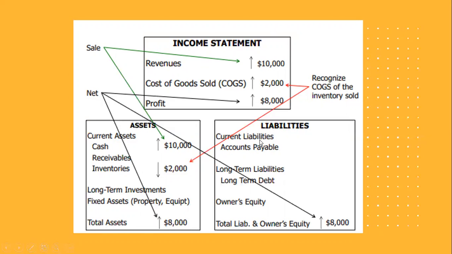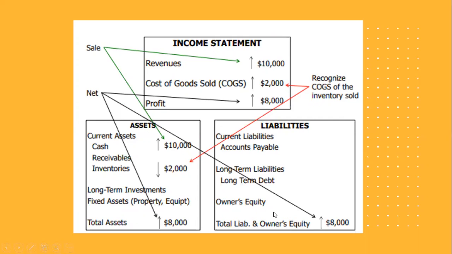On the other side, on the income statement, the profit over here impacts the total liabilities and owner equity positively by 8,000. And so the assets equal the liabilities and equity, and those balance out.